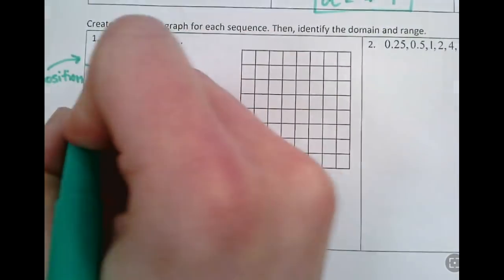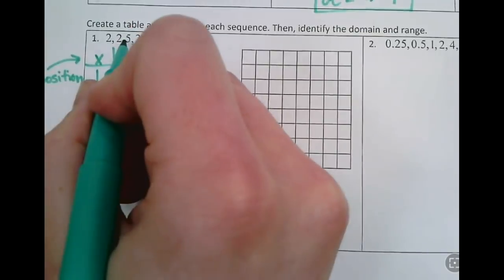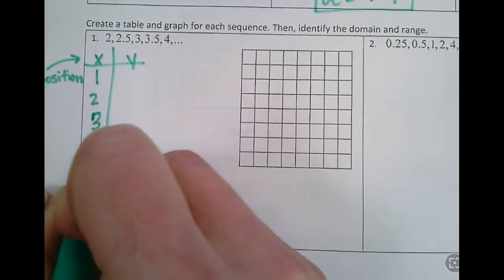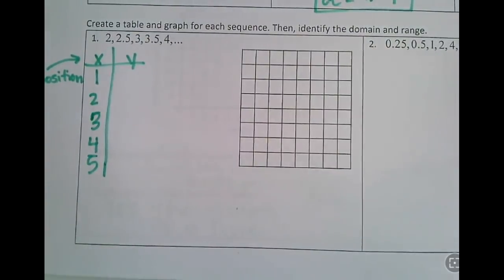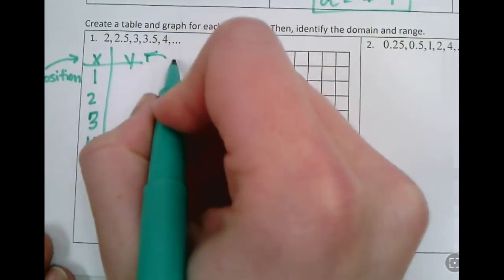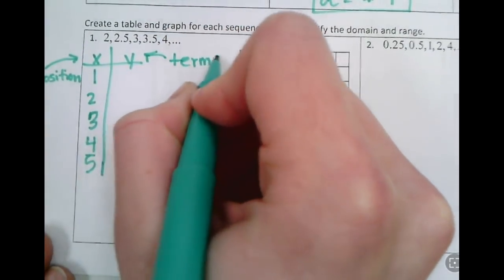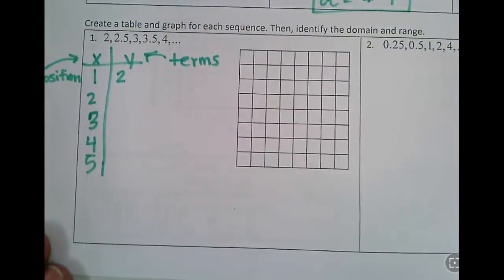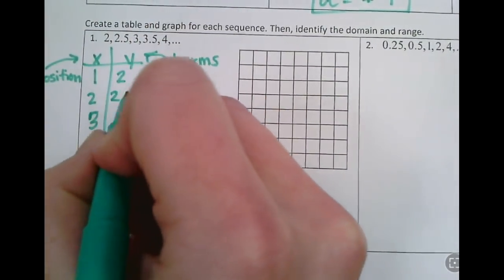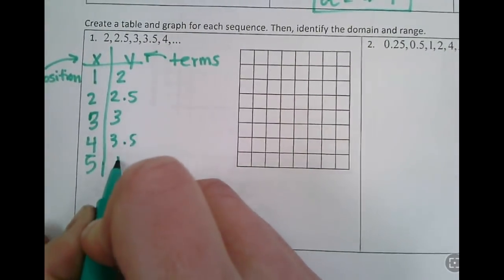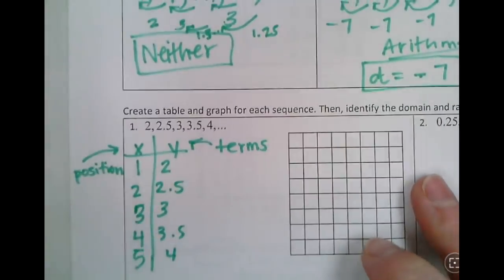So position 1, position 2, I have 1, 2, 3, 4, 5 numbers. 1, 2, 3, 4, 5, and it could keep going because I have ... Now your y values is the actual terms in the sequence. So the first term in the sequence is positive 2, second term in the sequence is 2.5, then I had 3, then 3.5, then positive 4. So there's our terms in the sequence.